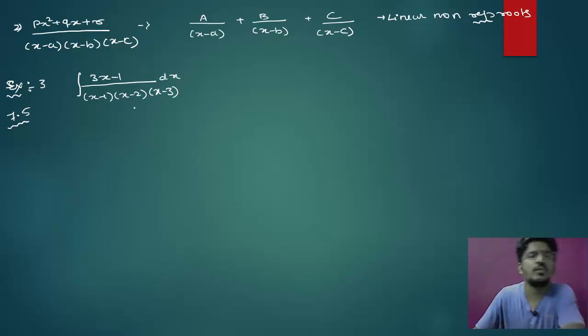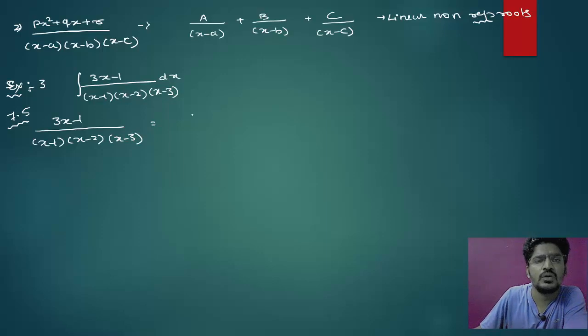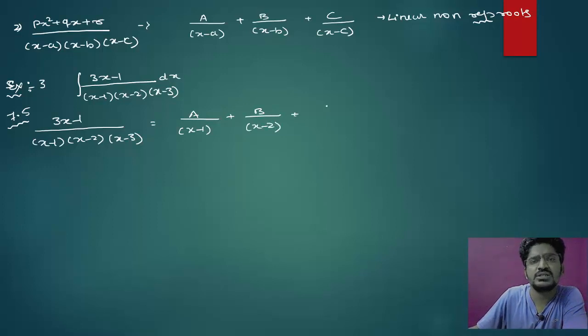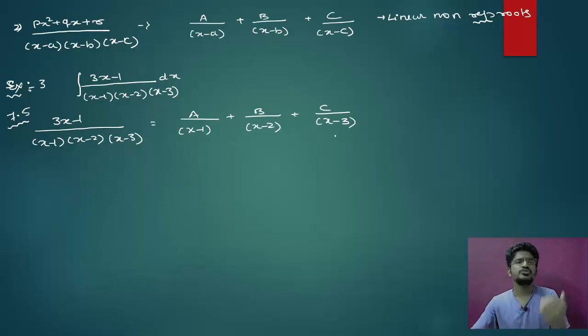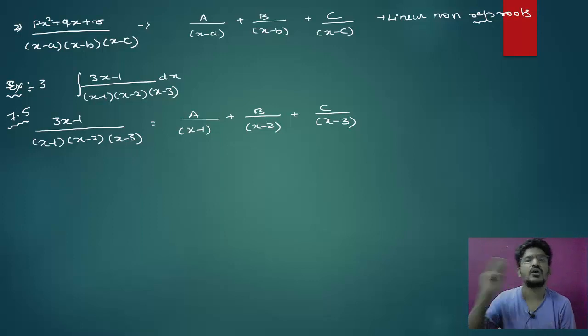So how can we decompose this? (3x − 1) divided by (x − 1)(x − 2)(x − 3) will be equal to A divided by (x − 1) plus B divided by (x − 2) plus C divided by (x − 3). This is called the decomposition of the partial fraction which is having linear non-repeated roots. Here there are 3 linear non-repeated roots.